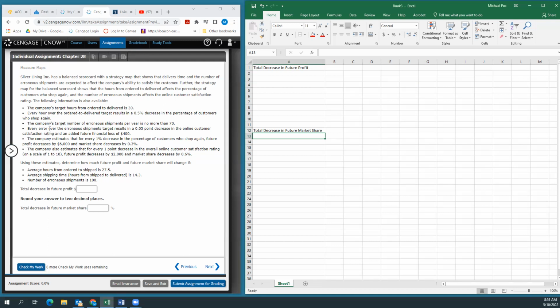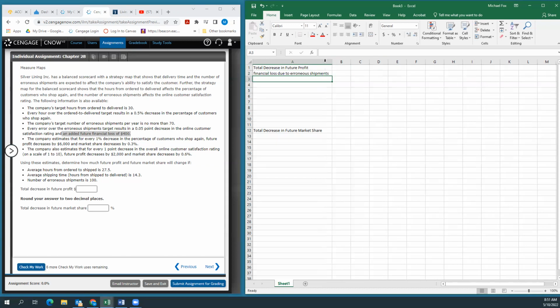Every erroneous shipment over target results in a 0.05 decrease in online satisfaction and a future financial loss of 400. So there's my first one that directly impacts my profit. I'm going to call this financial loss due to erroneous shipments. How much is it per shipment? It was 400.